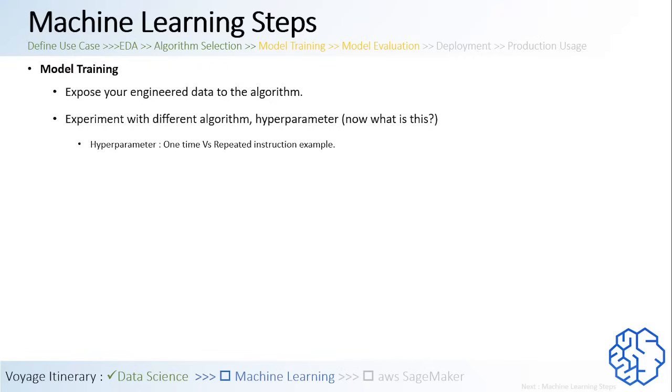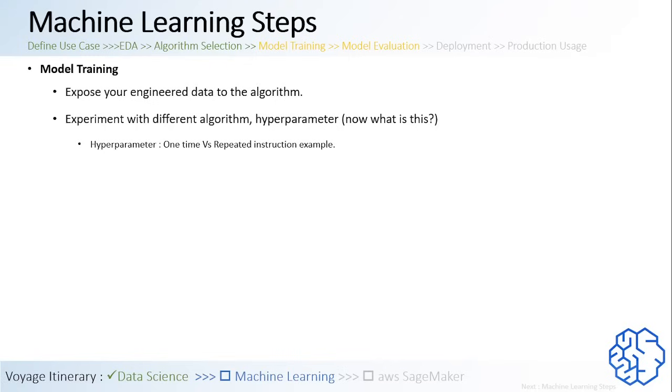And I'm expecting that with this refined data, the algorithm will bring up a very nice model which will give me the right predictions. Now, what we are going to do is experiment with different algorithms, and there is one more terminology that's coming here, hyperparameter. Now, most of us would have heard the word parameter.